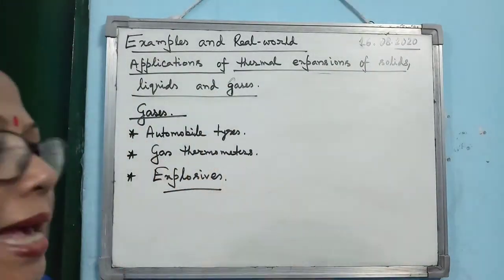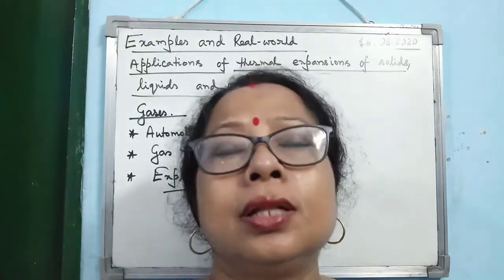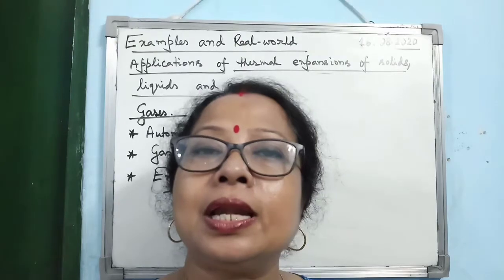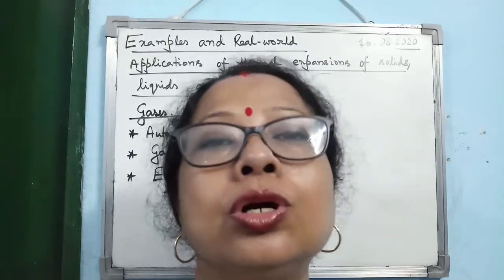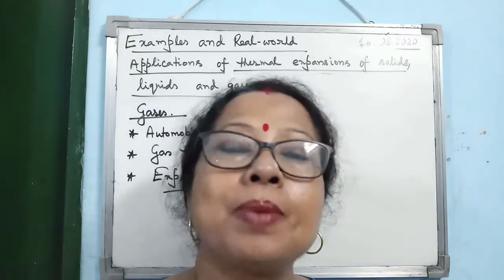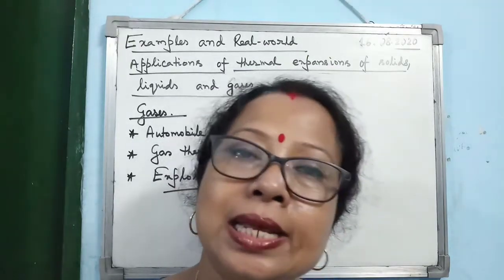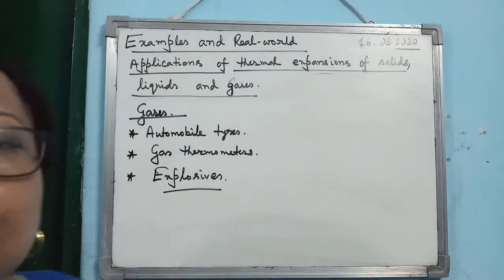Then next one is the gas thermometer. Just like liquid thermometers are based on the thermal expansion of liquid, gas thermometers also work based on the thermal expansion of gases. It means when heat is given, the gas will expand. Then next one is explosives.